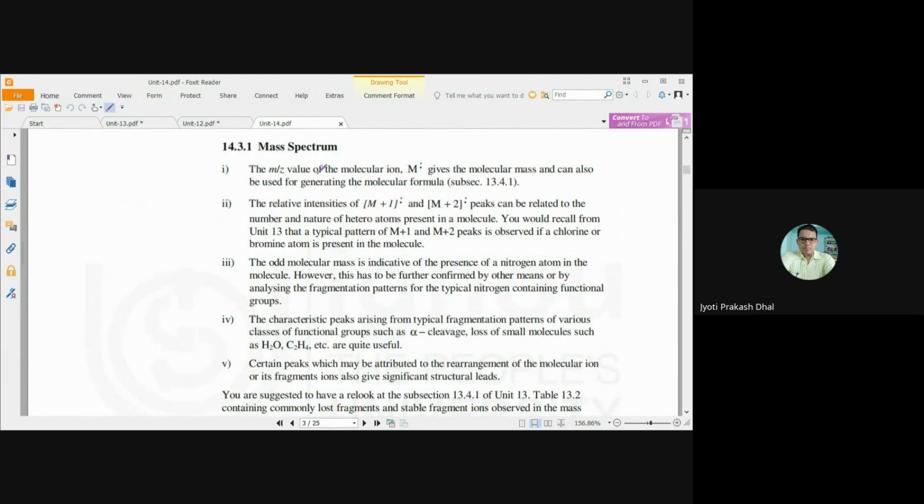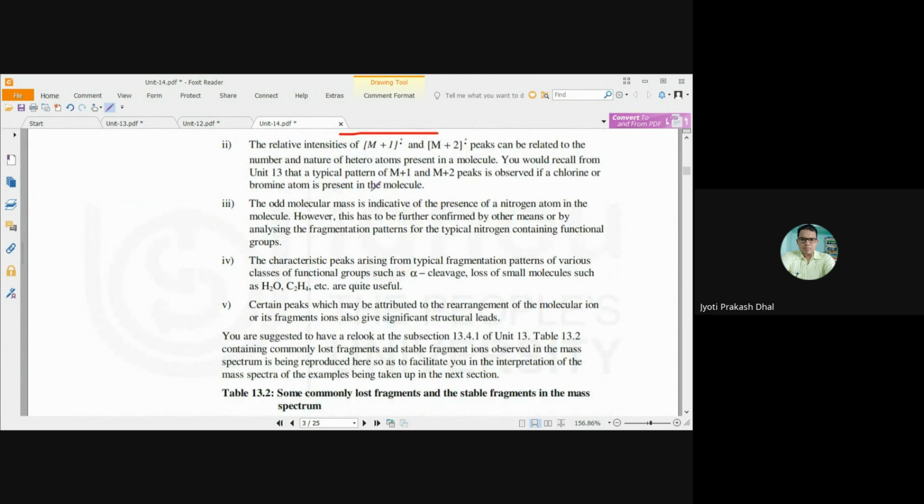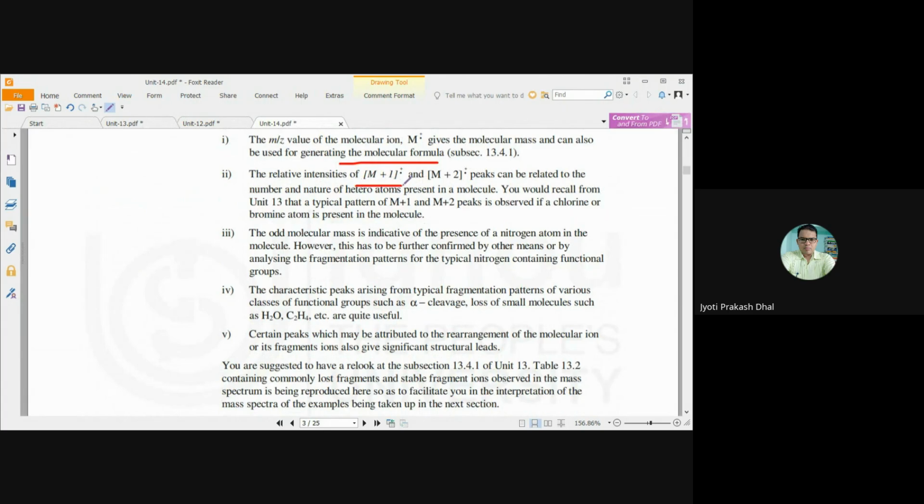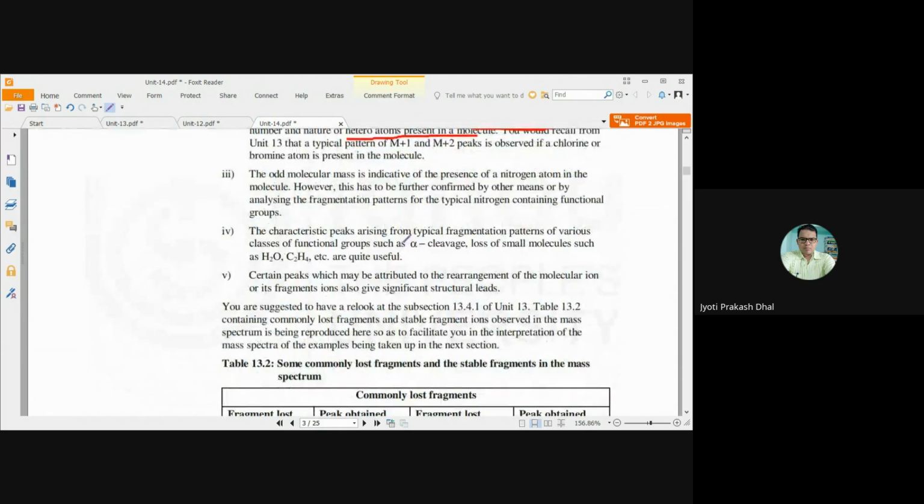From the mass spectra, the m/z value of the molecular ion, that is M plus radical, gives the molecular mass and can also be used for deriving the molecular formula, and the relative intensity of the M+1 and M+2 cation radical peaks can be related to the number and nature of the heteroatoms present in a molecule.